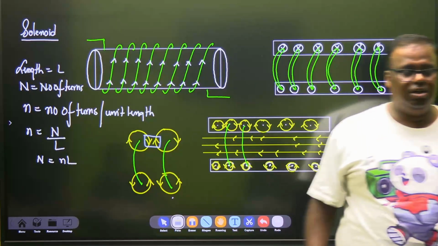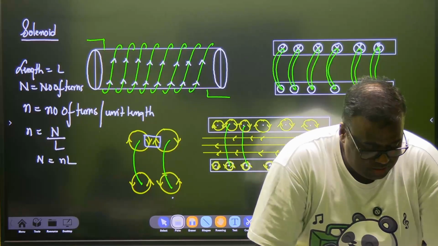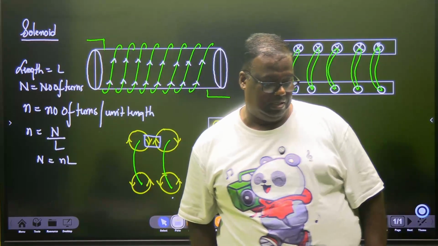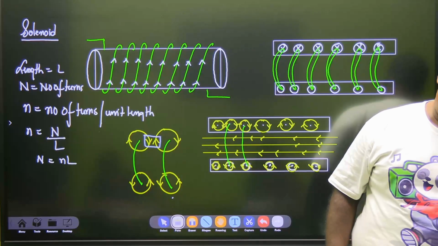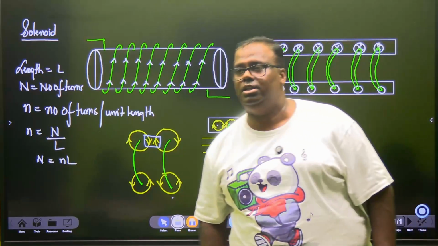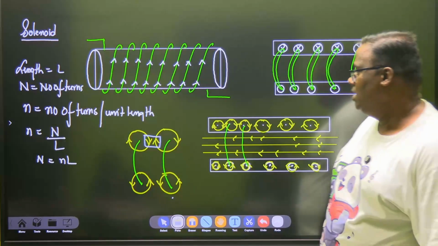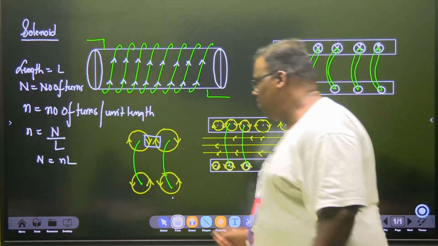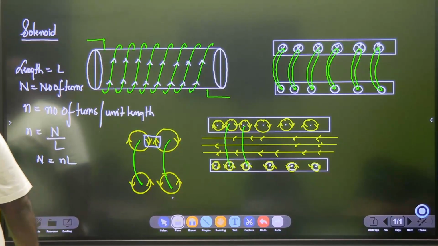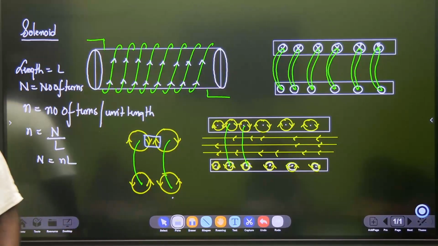And write another paragraph. Now on the outside of a solenoid, magnetic field produced by one loop is opposite to the magnetic field produced by the neighboring loop, and as such cancels each other.